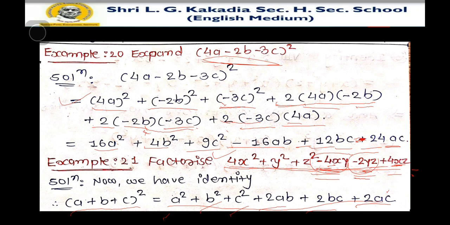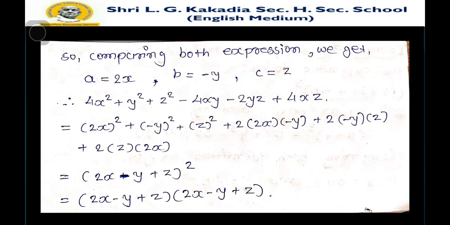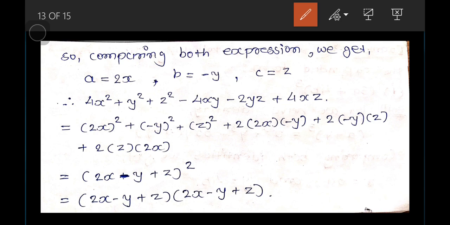Comparing both, we get a is 2x, b is minus y. You can see why I have put b equal to minus y: because the fourth and fifth terms have the common variable y and both have a minus sign, so I have given a minus sign to y. And c is equal to z.